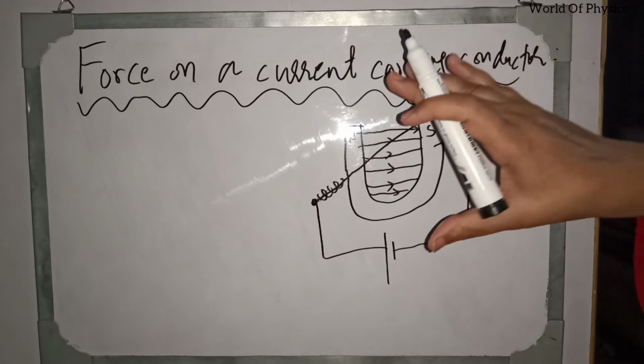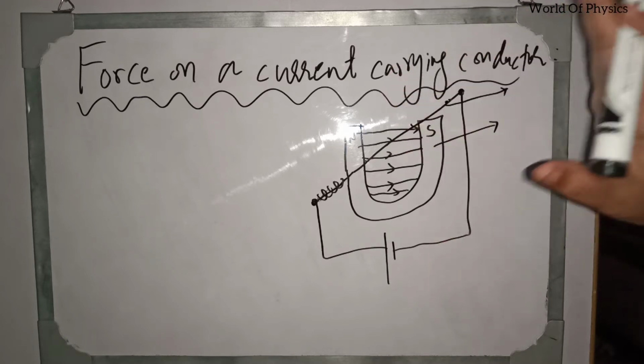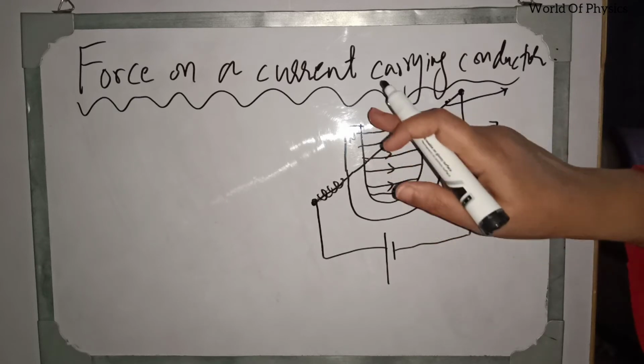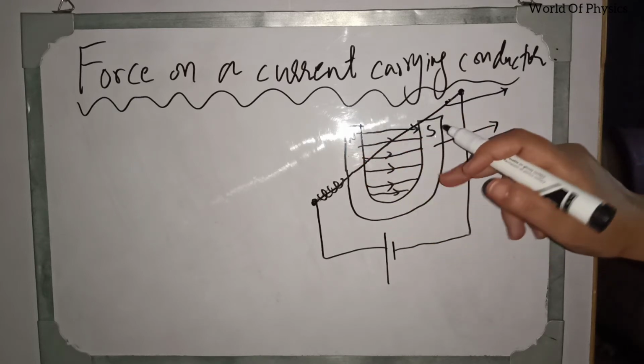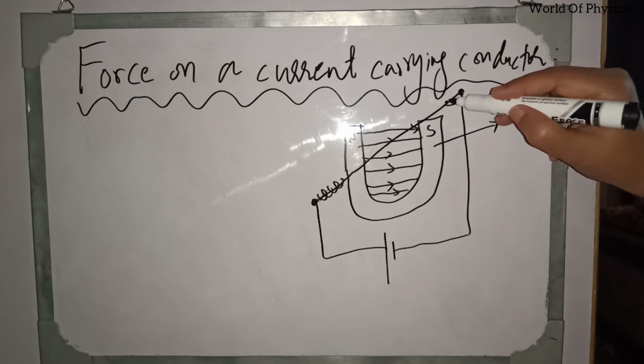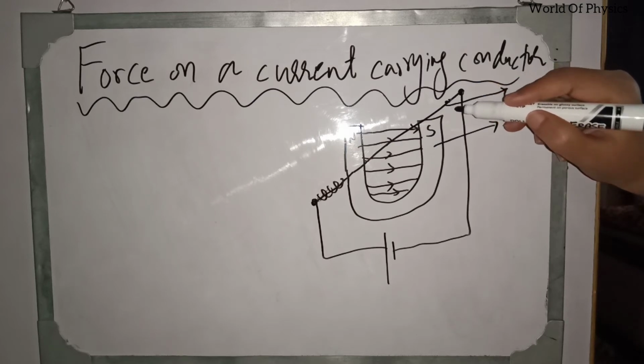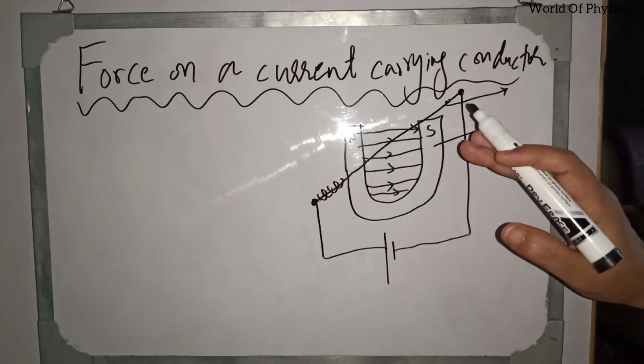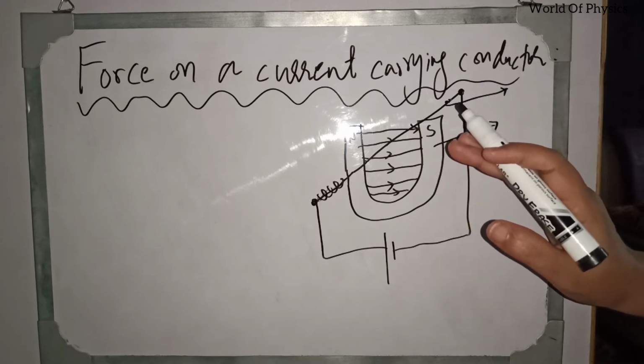So in this assembly there are two magnetic fields, one created by the permanent magnet, second generated by the current in this wire. Whenever these two magnetic fields interact with each other, a mechanical force will be generated.